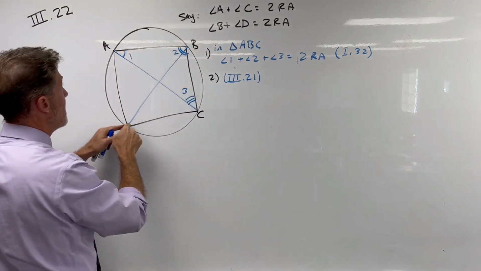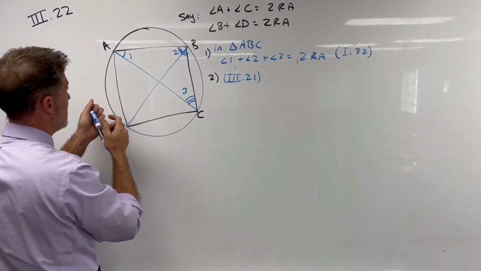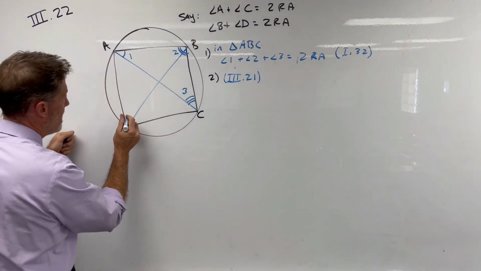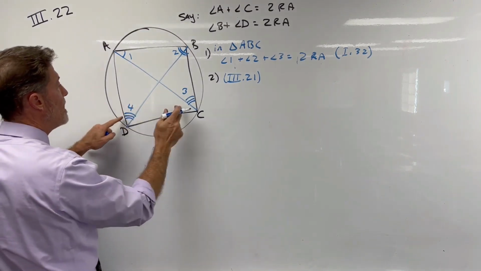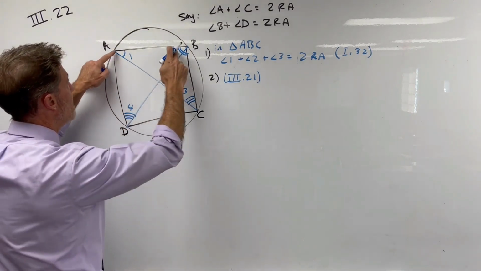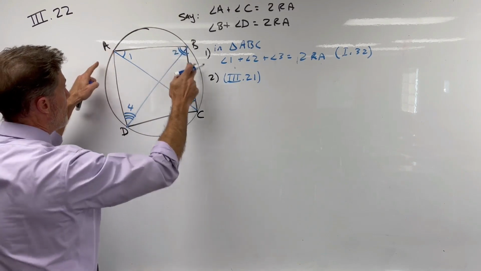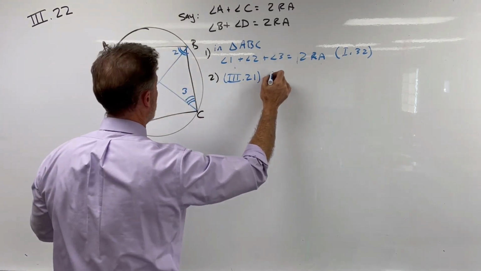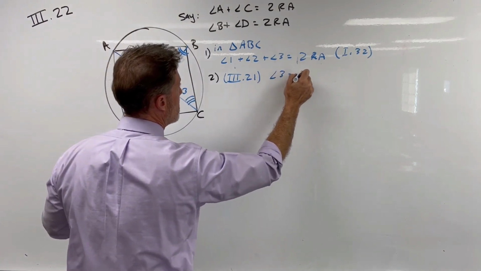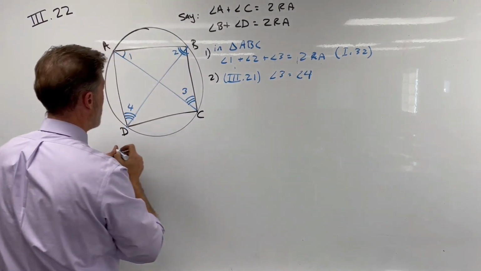And likewise, this angle here at D, we'll call this angle 4, is an angle in the same segment as angle 3. And therefore we know that they're equal. So angle 3 is equal to angle 4.